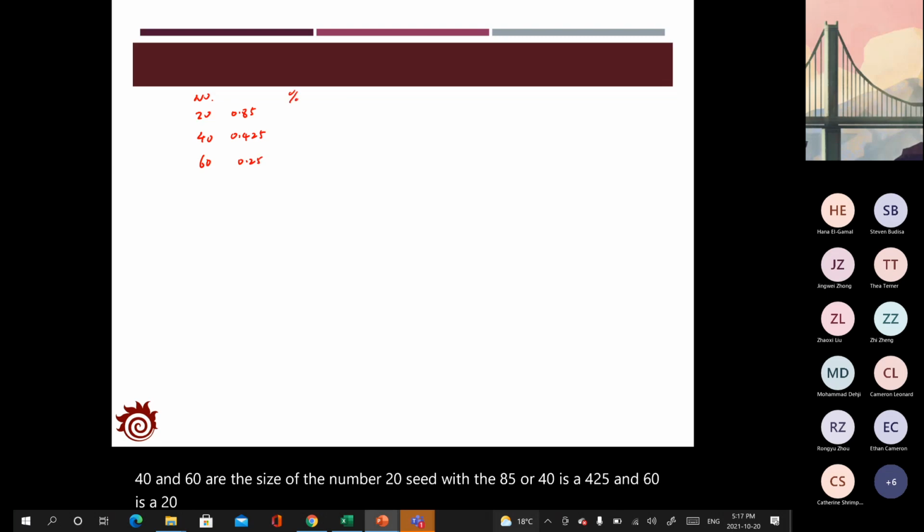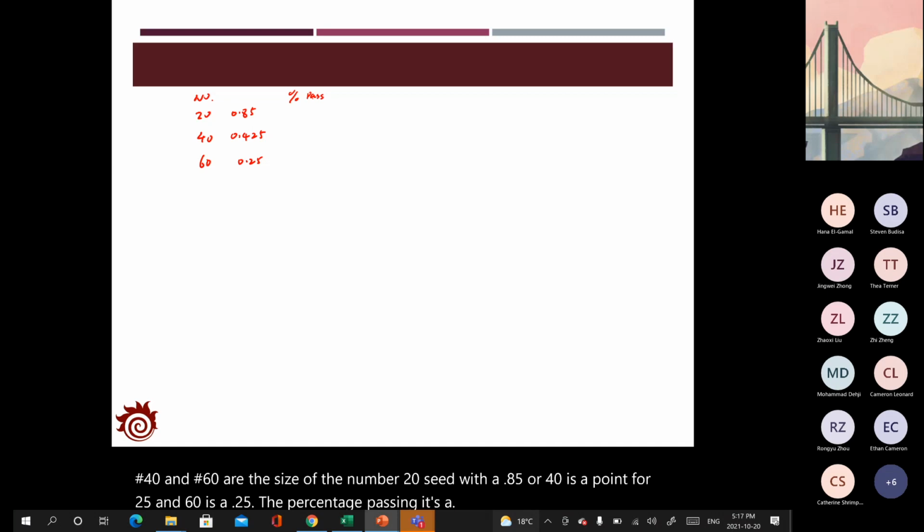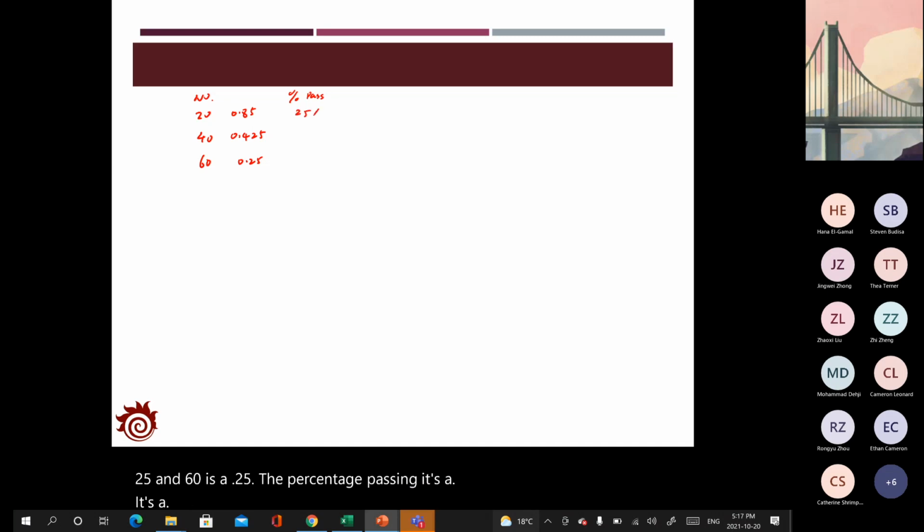The percentage passing is 25% for the number 20 sieve, 18% for the number 40 sieve, and 13% for the number 60 sieve. We want to find the effective size for 20% passing.